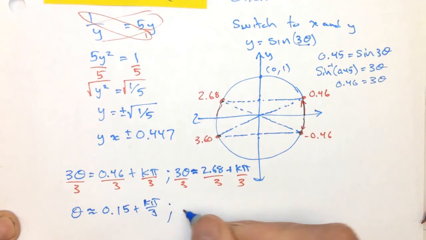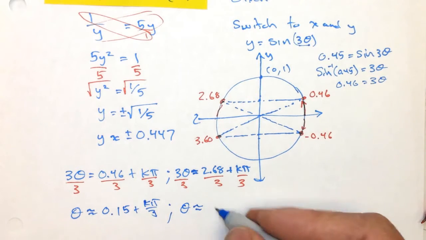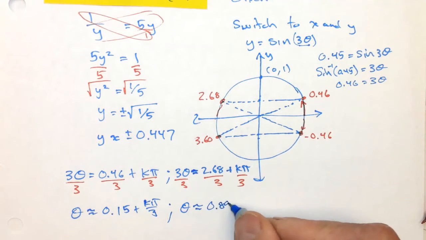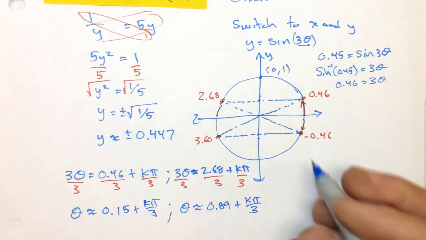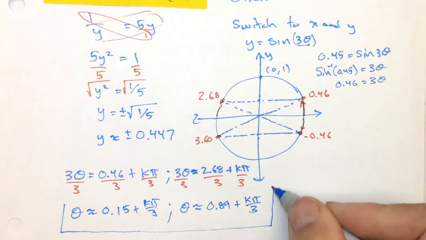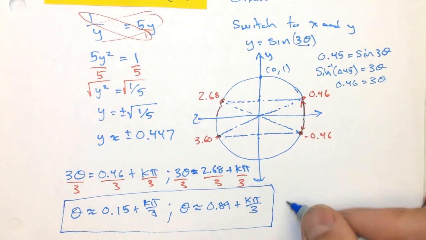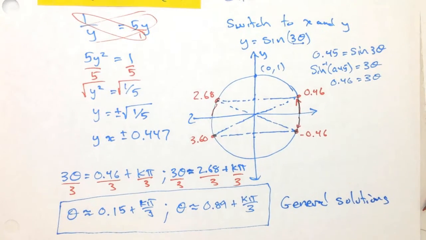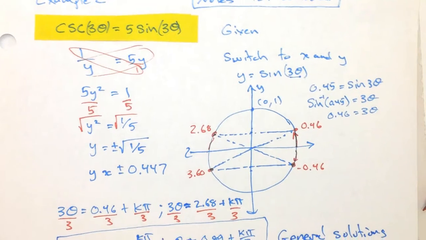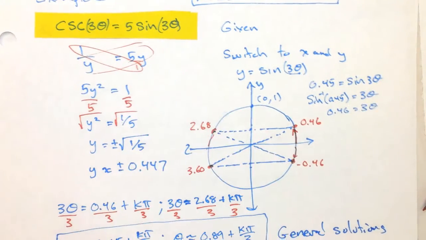And the other one is theta is approximately 0.89. That's 2.68 divided by 3 plus k pi over 3. This represents the general solutions to my equation. Okay, so any of those solutions would solve this equation.